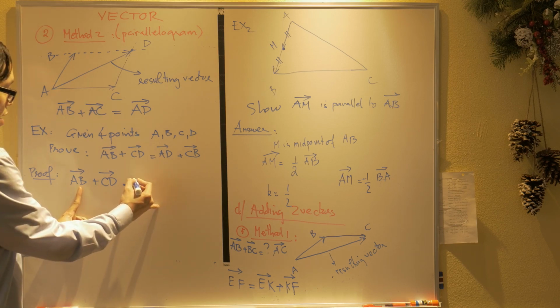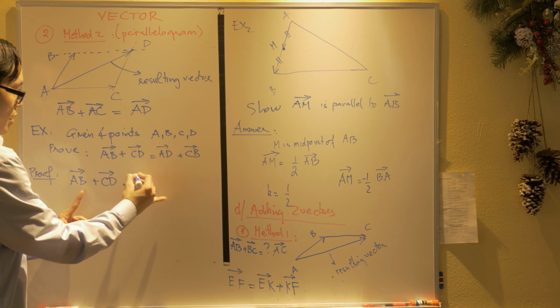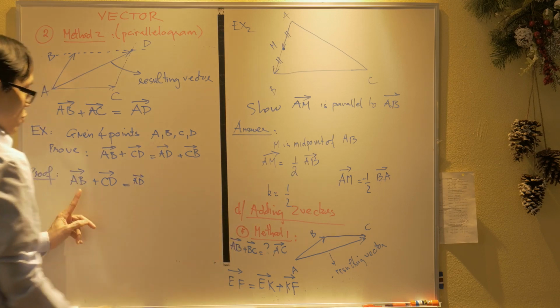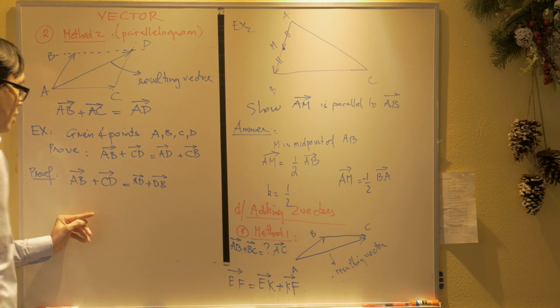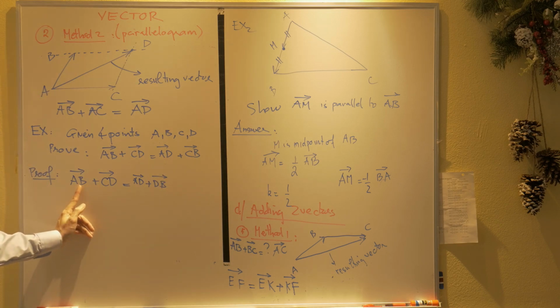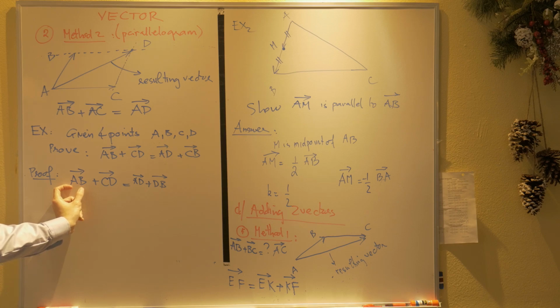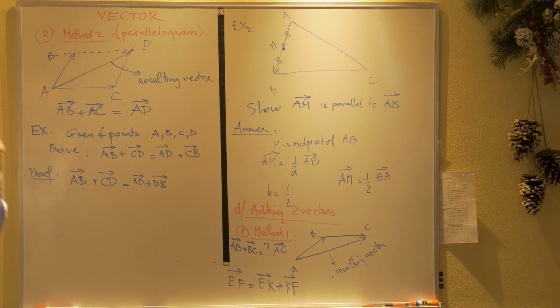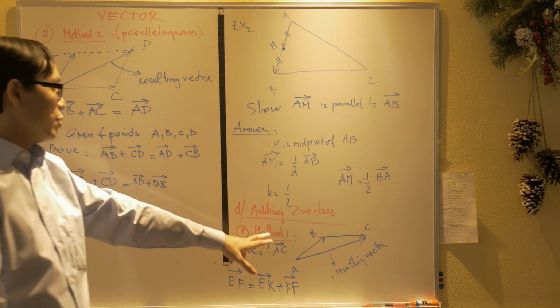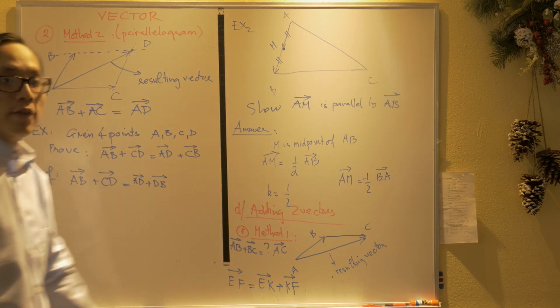So I can write AB as AD plus DB, using method 1. You see that? I insert a letter in between so that I can split up AB into two smaller vectors AD and DB, according to method 1 of adding two vectors.